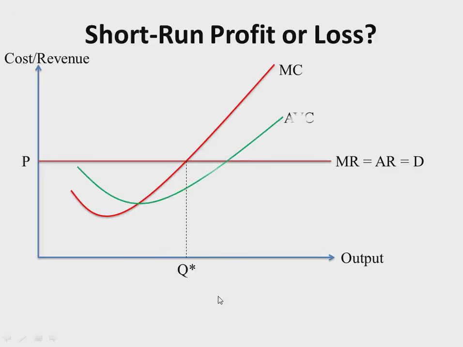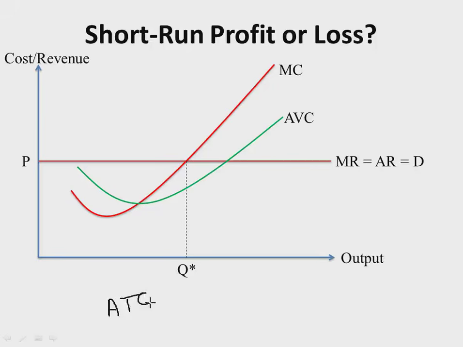With the average variable cost curve, we can tell at what point the firm will produce or not. But before we get to that, we need to understand the firm's cost. In this case, let's say average total cost.